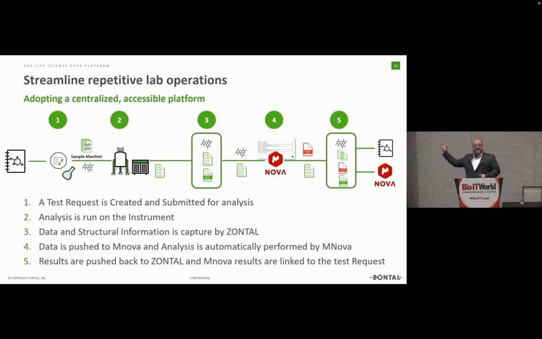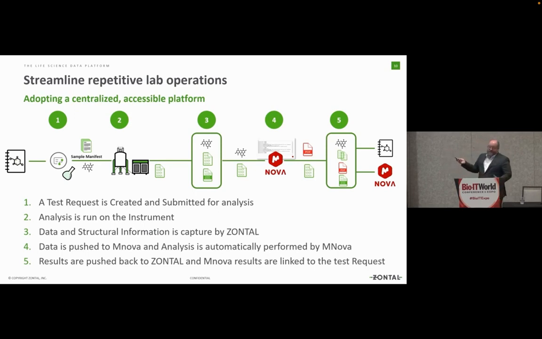ZONTAL takes these results and sends them in the right format directly into MNOVA to number crunch it, to do the first analysis of, hey, is that what we got from the NMR in this case, is that actually representing the structure that we have planned for?